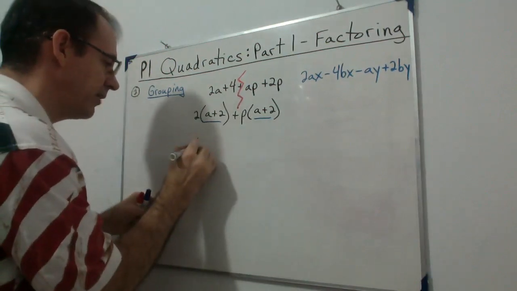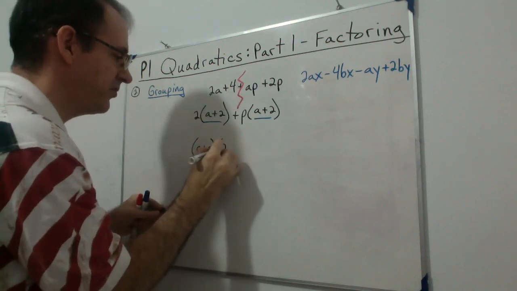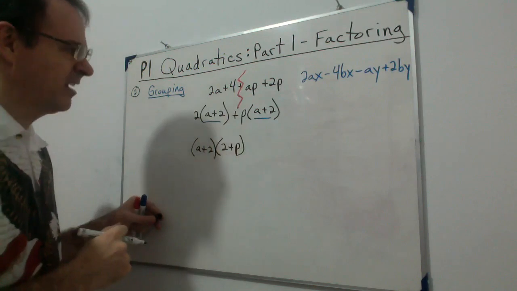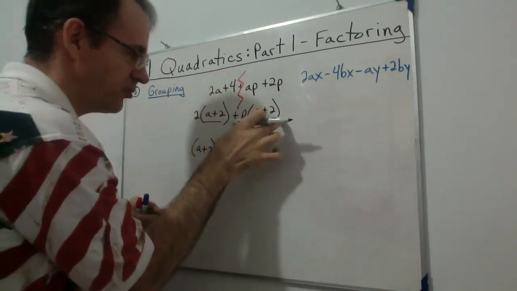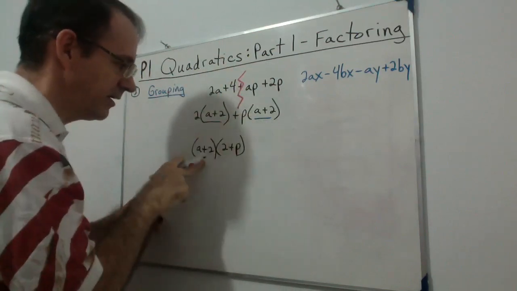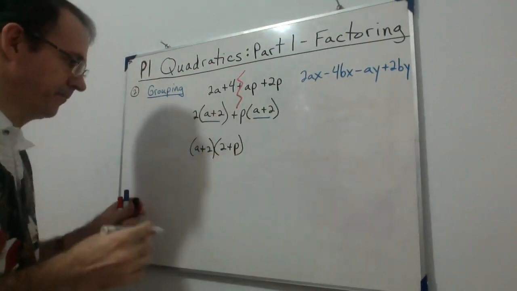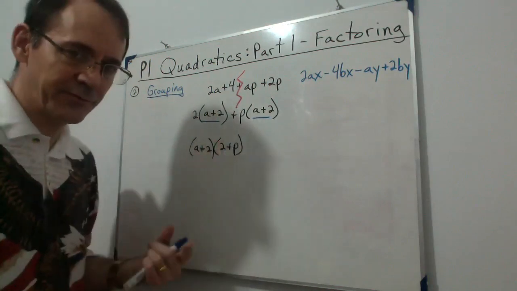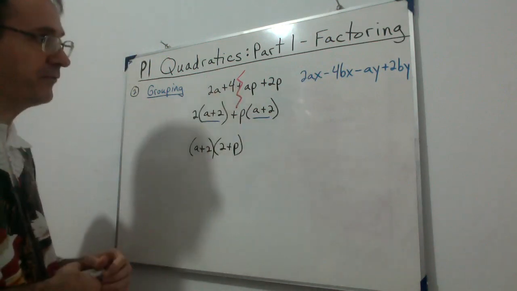So we factor out the a plus 2, and what that leaves us here is this 2 and the p. Okay, so here's our 4 terms. Now 2 terms, split it in half, take out what you can. Now these 2 are common, take it out, and then what you have left is the remaining factor. Now this one we're not going to do solutions with because we have 2 different variables. This isn't really for solving. This is just the skill of how to factor it.